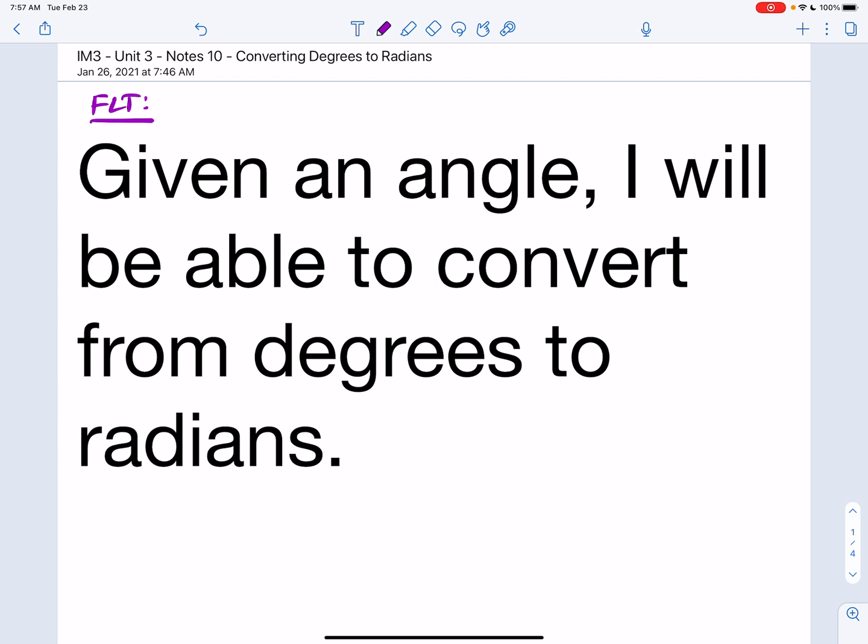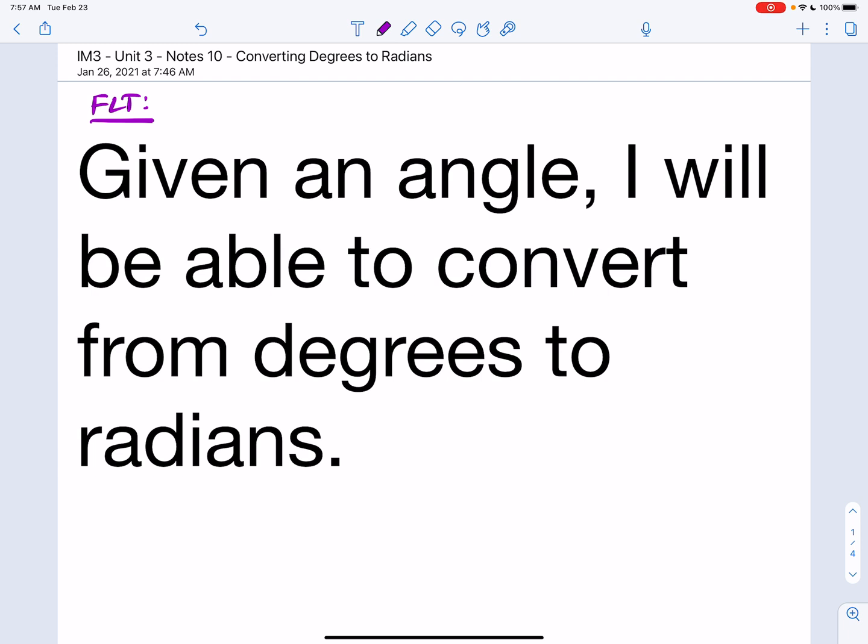That will make more sense logically when we get into the graphs of it. But until then, just remember, All Students Take Calculus, ASTC, to remember what comes out positive and what doesn't.